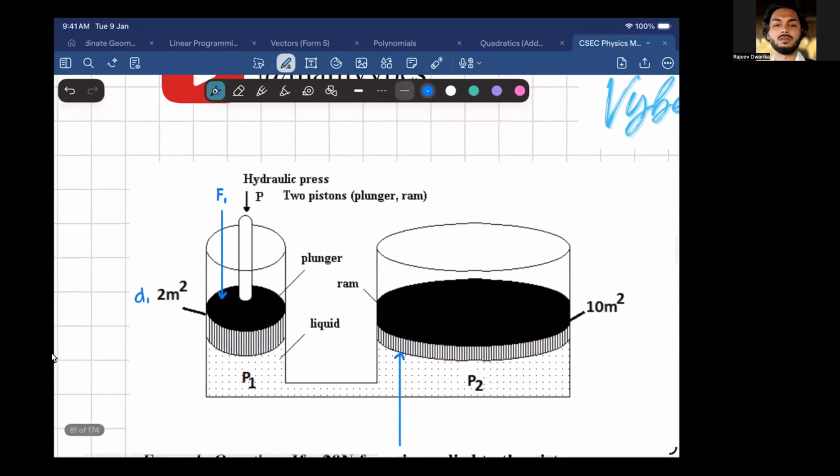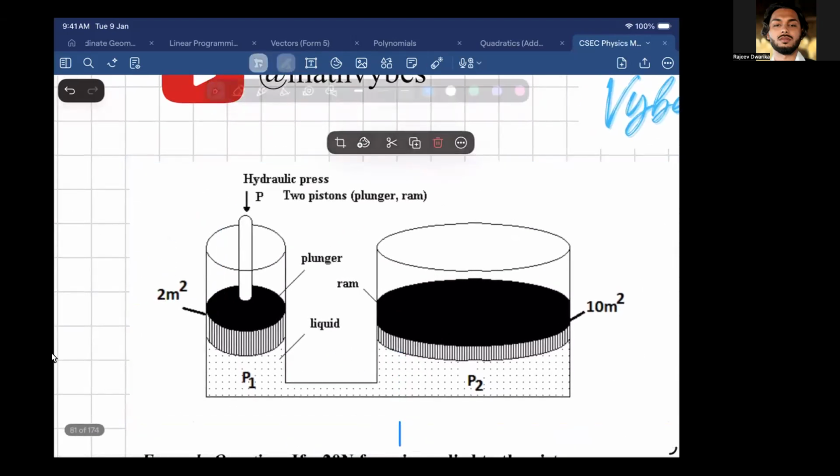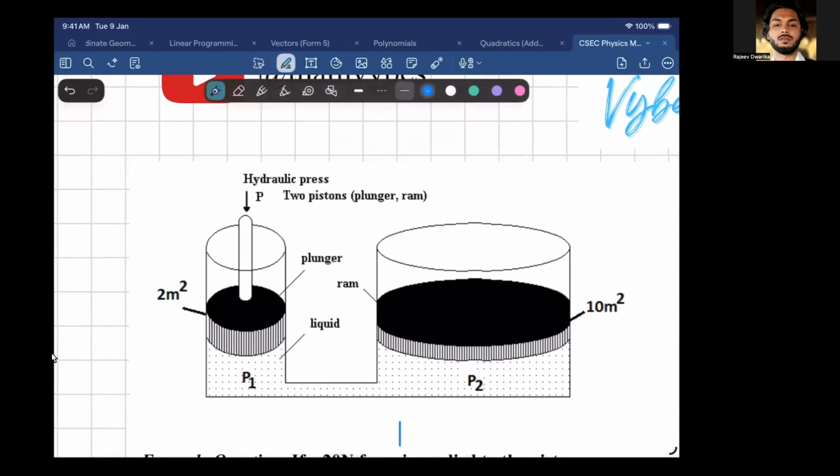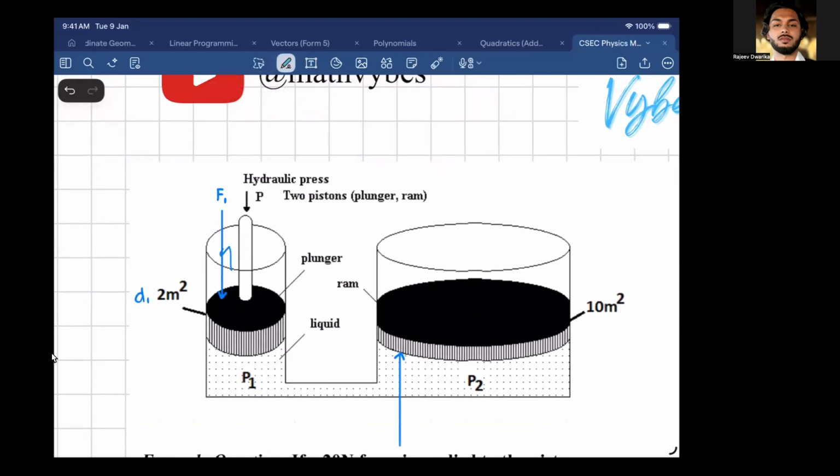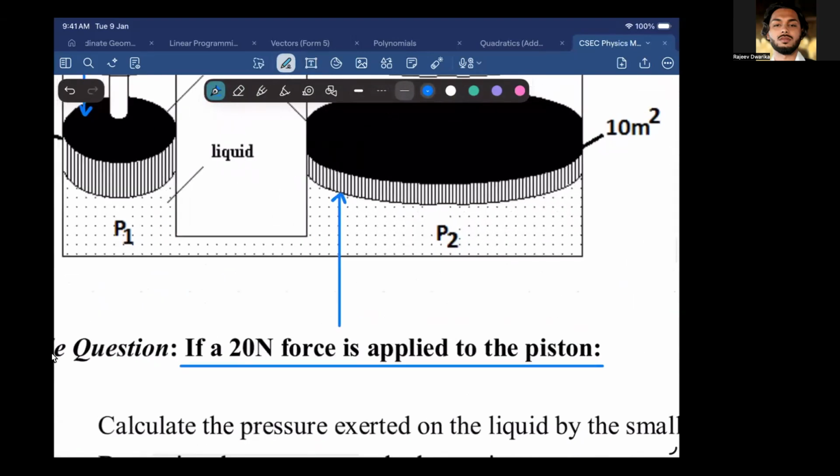Let me just make this a little shorter here. All right, so this is F1 and this will be F2.